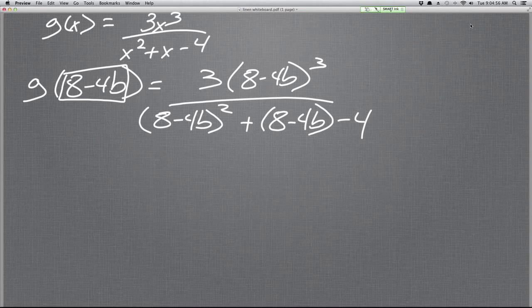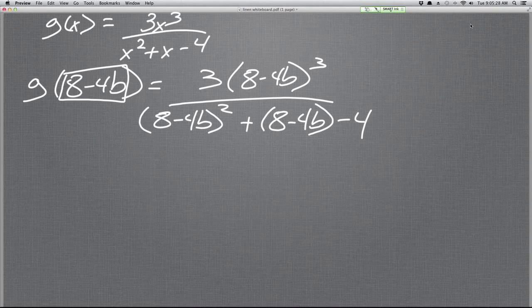What were the other two things called that I plugged in? Monomials. Why is this one called a binomial? Because there's two. The other ones were monomials. If they give you a monomial, go ahead and work it out and simplify it. If they give me a binomial or a polynomial, then go ahead and leave it.